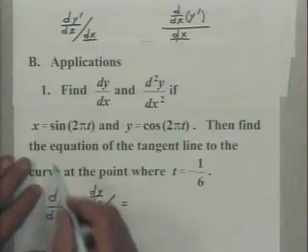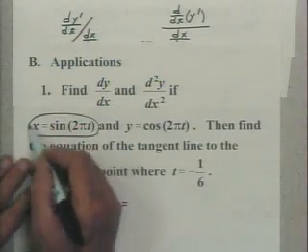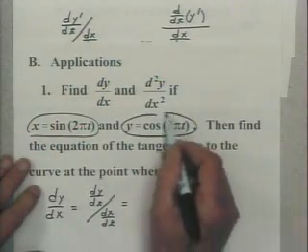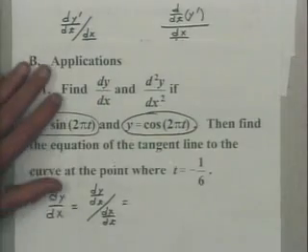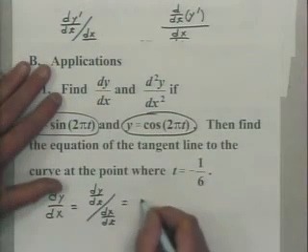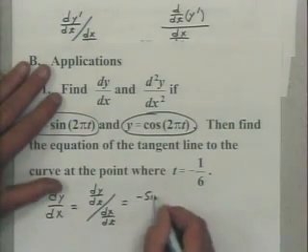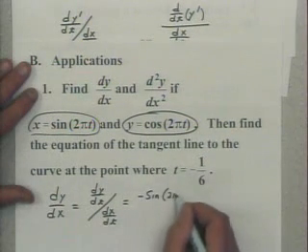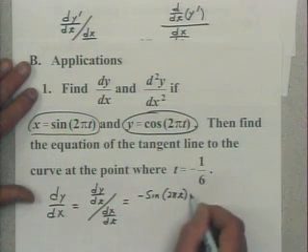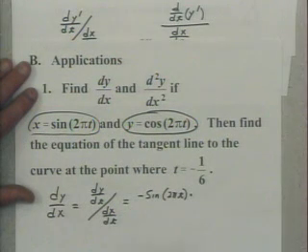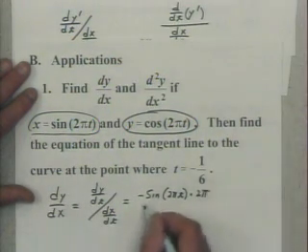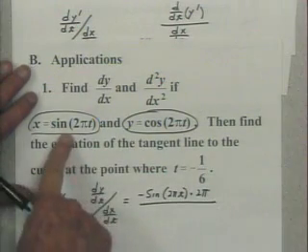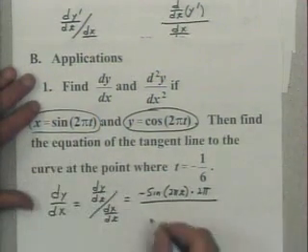Okay, here's x and here's y. On top is the derivative of y. What's the derivative of cosine? Minus sine. Minus sine of what? Same argument. And what do you have to multiply that by? 2 pi. Okay, denominator, do the same for x. What's the derivative of sine?